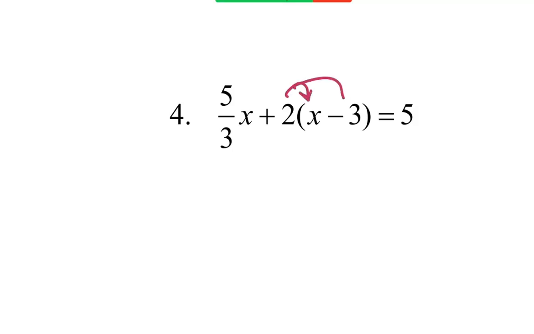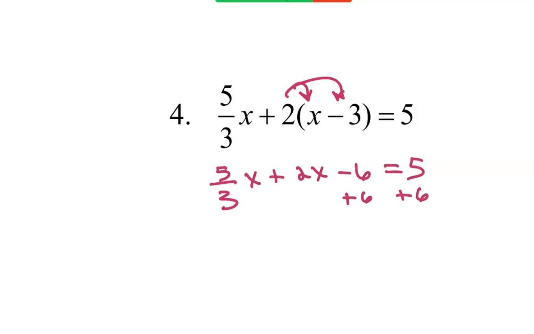Okay, we did this one in class because I thought this was a great algebra example. I have to distribute, so I'm going to have 5/3 x plus 2x minus 6 equals 5. Okay, I'm going to add 6 on both sides. That gives me 11, and now I have 5/3 x plus 2x equals 11.